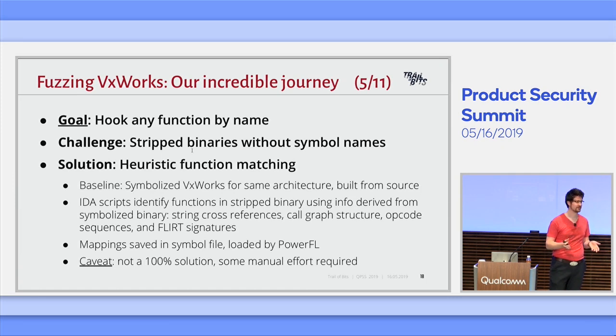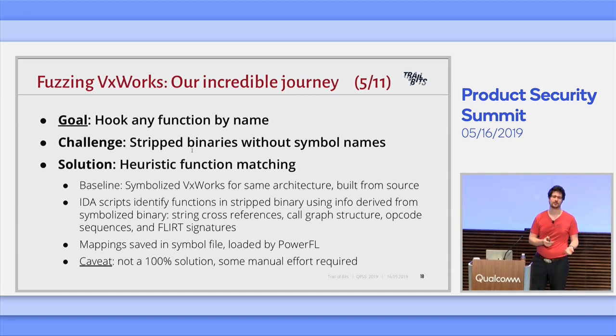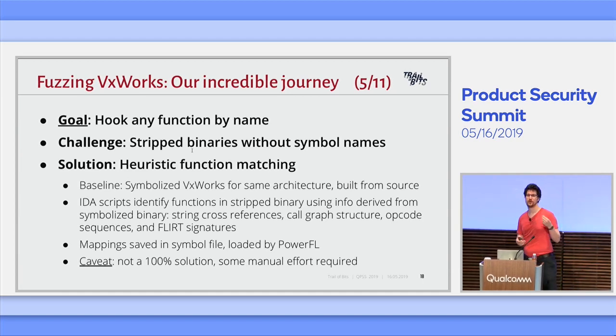They had no symbols. So we had this fancy hooking system all ready to go, and we didn't know what to hook. We know we want to hook the IO get function. We know we want to hook the schedule function. We know we want to hook the page fault function. How do we find that?